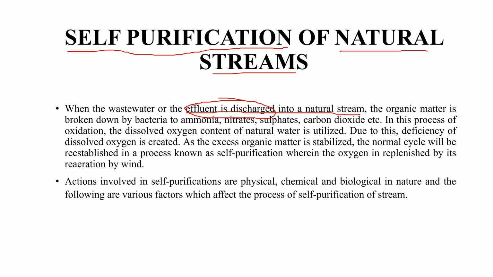In this process, the dissolved oxygen content of natural water is utilized for oxidation, and due to this a deficiency of dissolved oxygen is created. So when effluent is discharged into the natural stream, the dissolved oxygen content of the natural water is utilized.